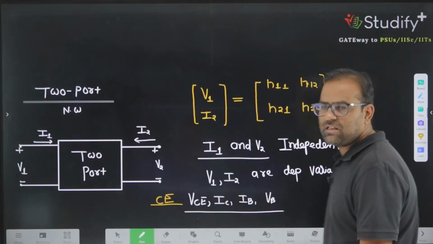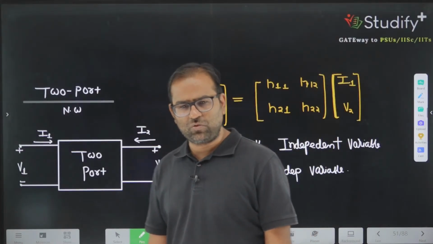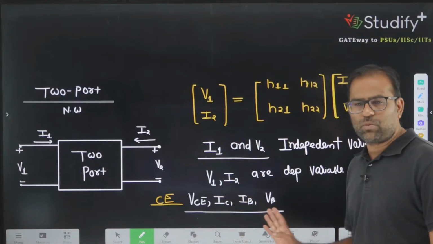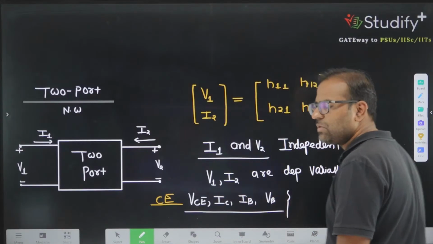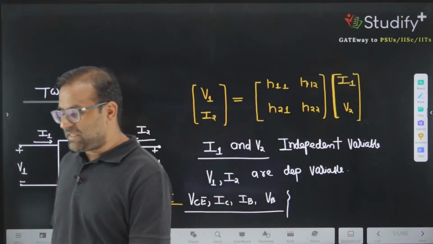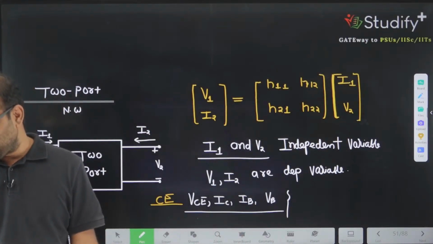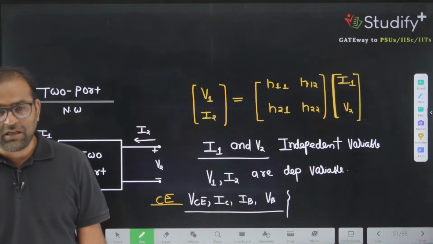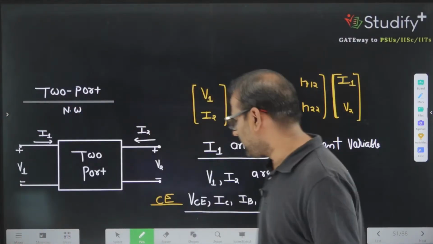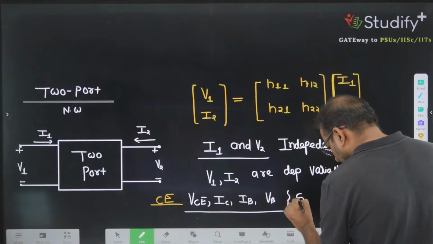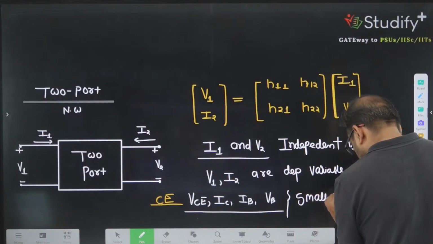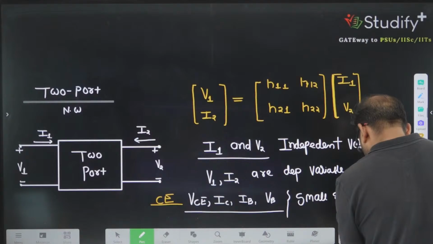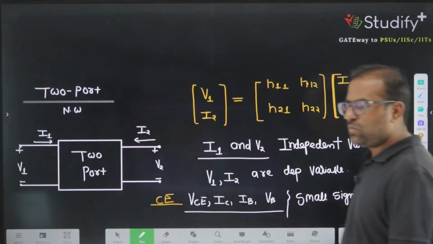So you can arrange this for a bipolar junction transistor also: input current, input voltage and output voltage, all for a small signal. You don't need a model to analyze the BJT at DC. We need to analyze the BJT with AC signals, with small signals. Correct? Let's go to the next part.